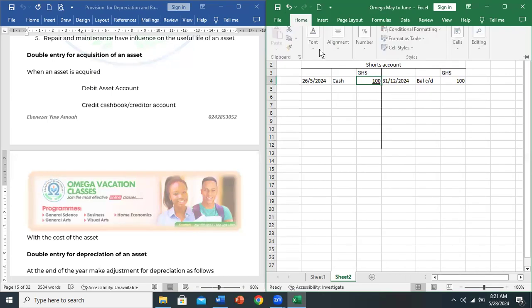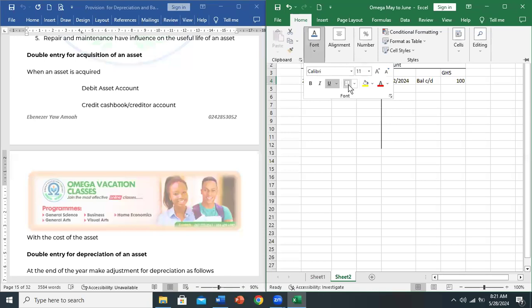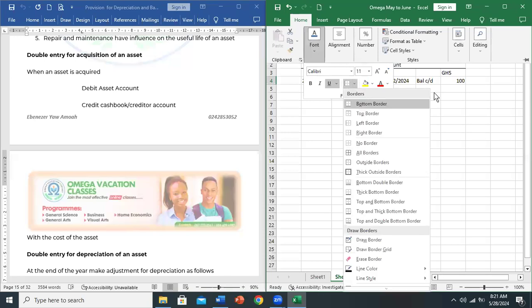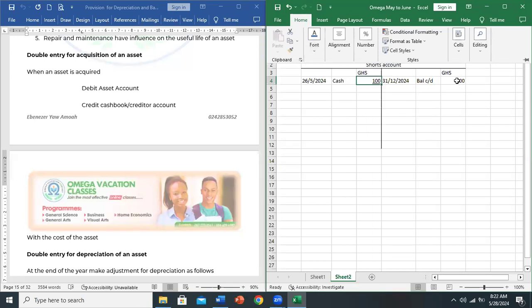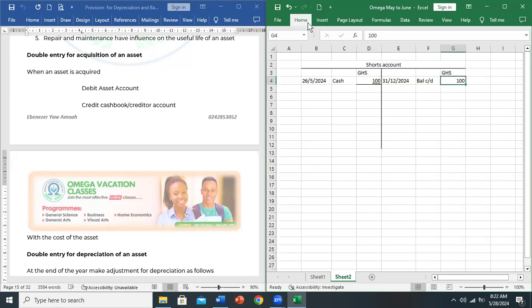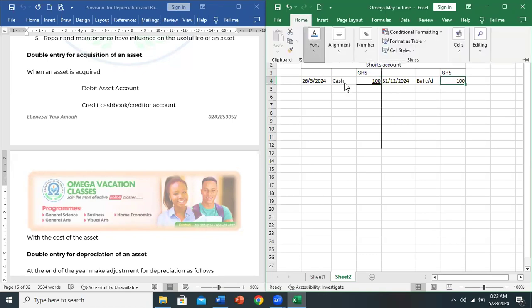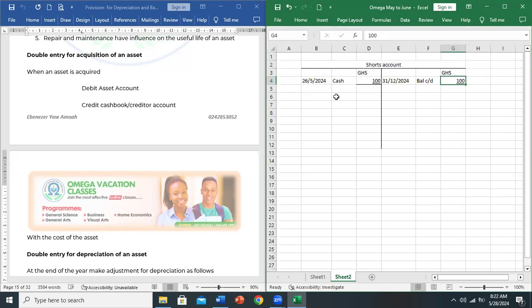So the next year will begin 1st January 2025. We are going to acknowledge we have a balance on the shorts. So balance brought down, 100. I believe this is okay for us.